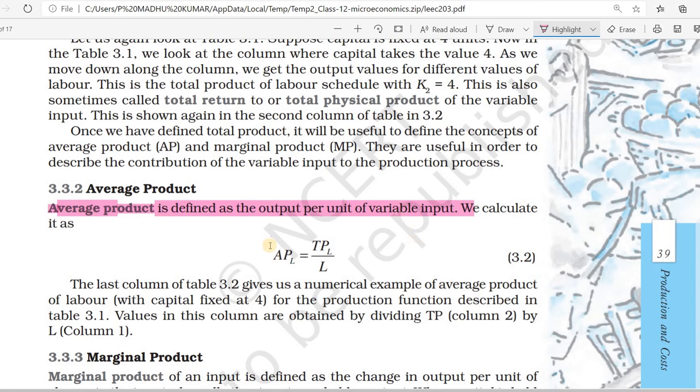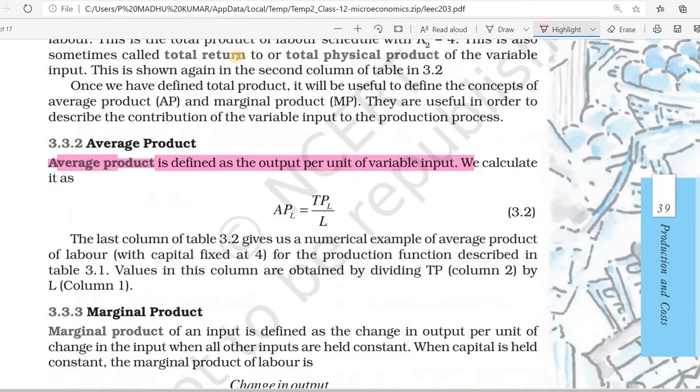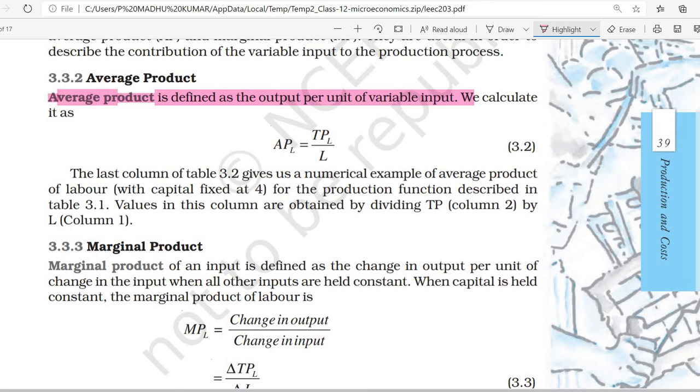Average product is defined as output per unit of variable input. Next one is marginal product. Marginal product of an input is defined as the change in the output per unit of change in the input when all other inputs are held constant.